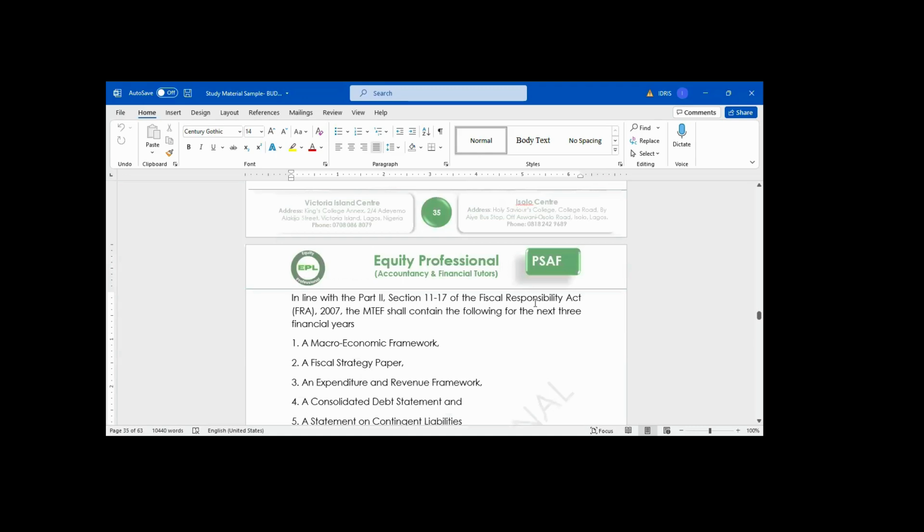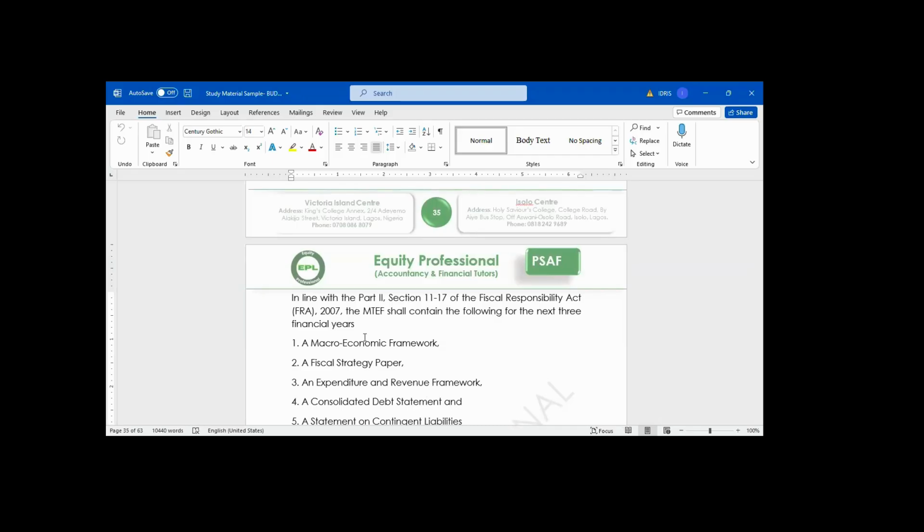So this content, the fiscal strategy paper, means what strategy government wants to use to realize revenue. What strategy government wants to use to ensure that there is a stable economy is the fiscal strategy paper.